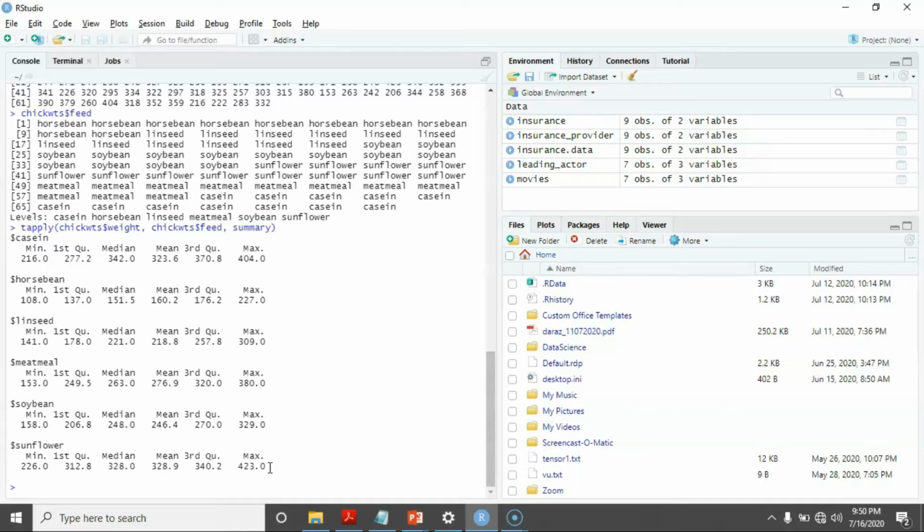If they feed sunflower, then they produce chicken with good weight, and you know it very well, if they produce chicken with good weight, they can maximize their profit. Mind it, you might be thinking that maybe casein is relatively cheaper food than sunflower. Right now we don't have any third factor or third attribute, so ignore that.